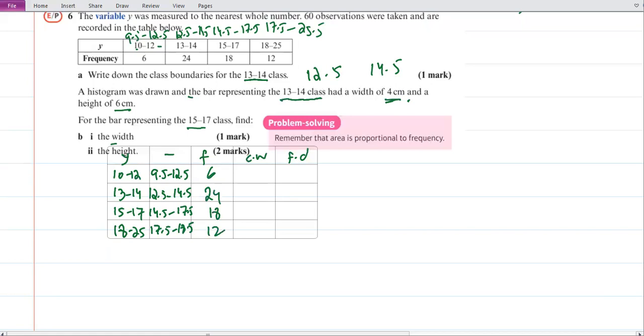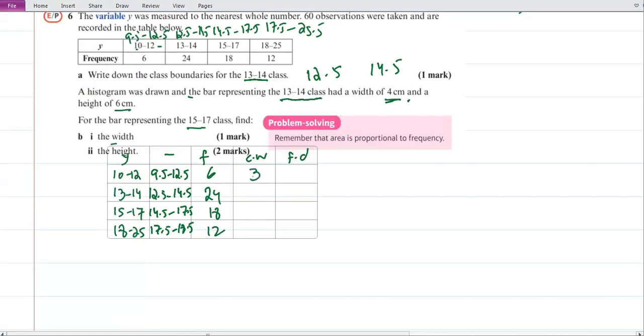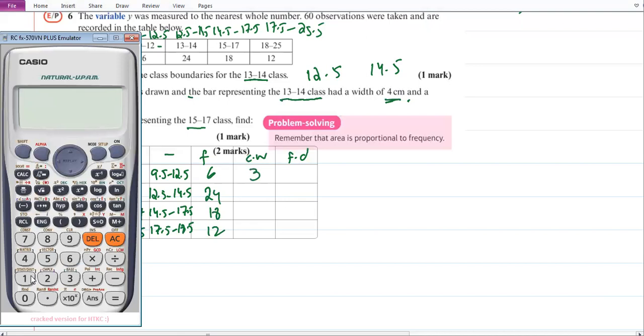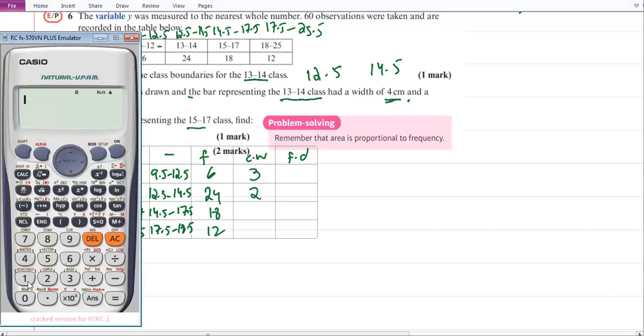Class width for each one, of course, upper class boundary minus lower class boundary. For this one, 12.5 minus 9.5, that is 3. For this one, 14.5 minus 12.5, that is 2. Okay, for this one, 17.5 minus 14.5 is 3.